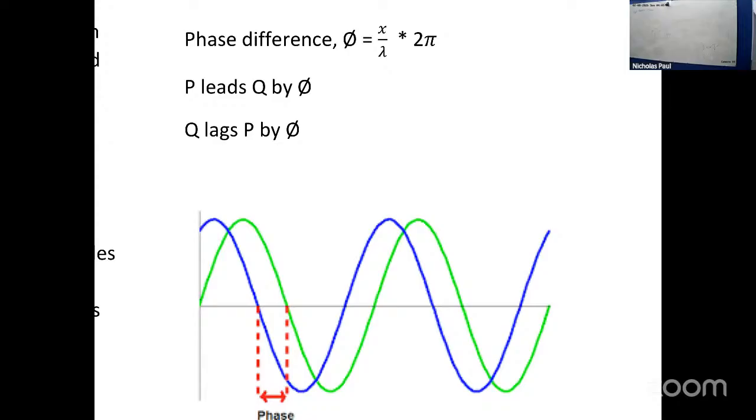X is the distance between, I'm going to show you an example. If I draw two waves like this, you have this red wave here and you have this blue wave.